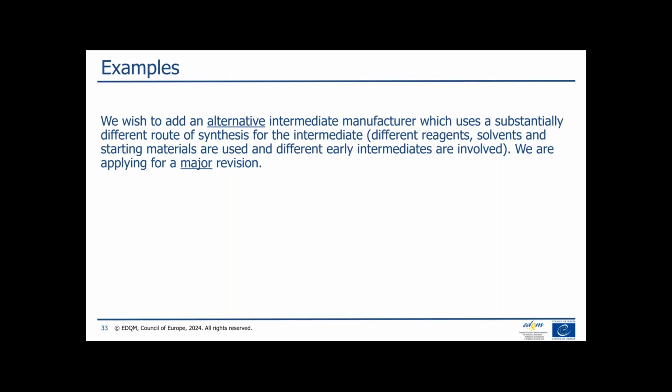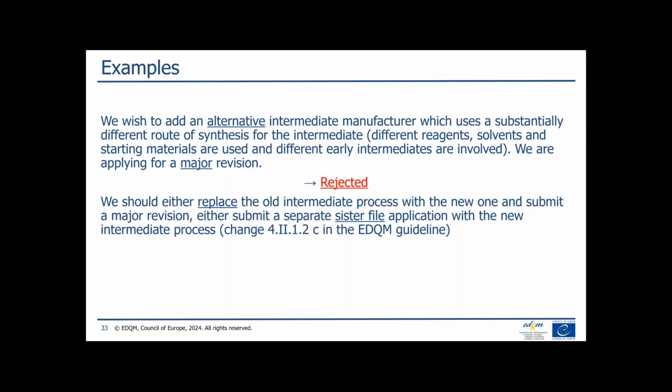We are applying for a major revision. However, in this case, this will have to be rejected, because if we wish to add an alternative intermediate manufacturer with a substantially different process, this should be a sister file and not a major revision. Major revision is only if we wish to replace the process.